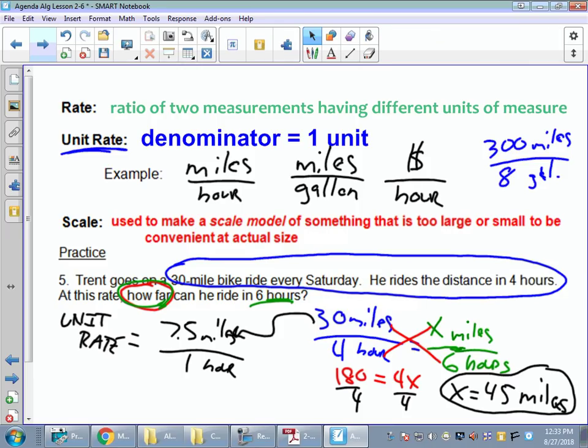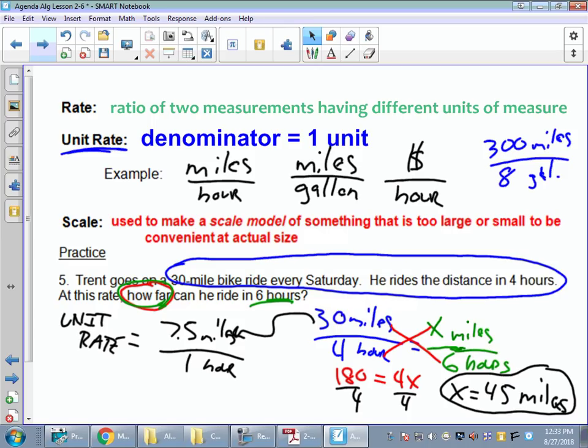And you could do a cross product there too and put 1 in for your hours and x in for the miles and do that. Or you could just make the unit rate. Either way, I want to see your work. Show me that you're dividing to get to 7.5, or show me your proportion work on that side.